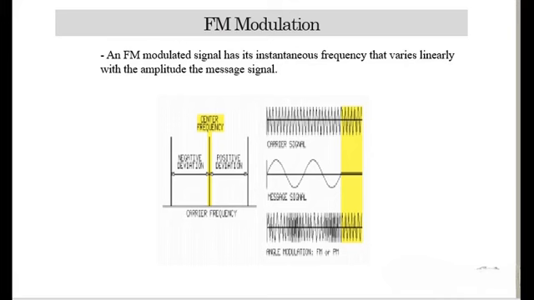The frequency deviation in FM is defined as the difference between the minimum and maximum extent of the frequency of the signal and the carrier frequency. The instantaneous frequency changes around the carrier frequency.